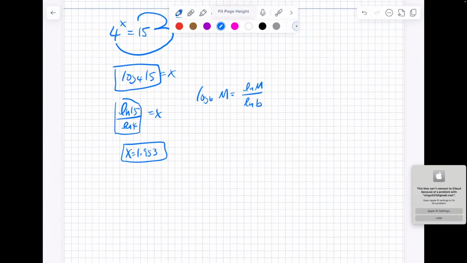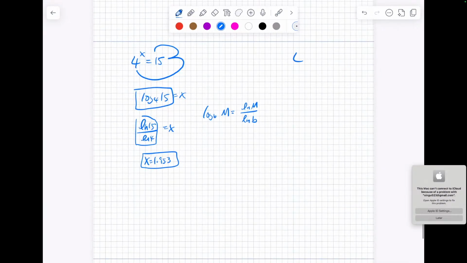So the second way to do this question, I want to show you the second way. You're gonna say 4 to the x is equal to 15. Why is the second way important? Because it's gonna apply to other problems. What we can do is take the natural log of both sides. Natural log both sides.